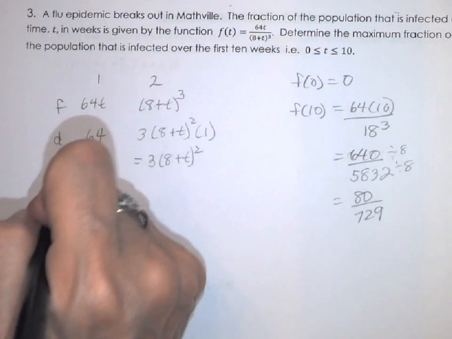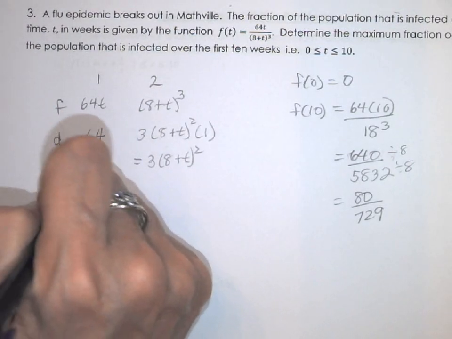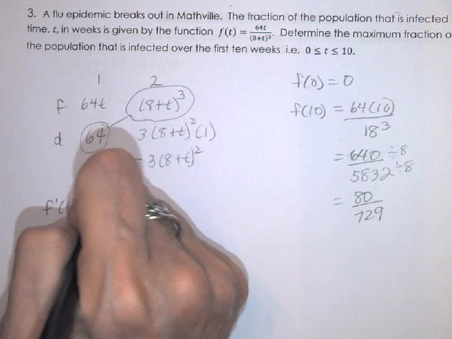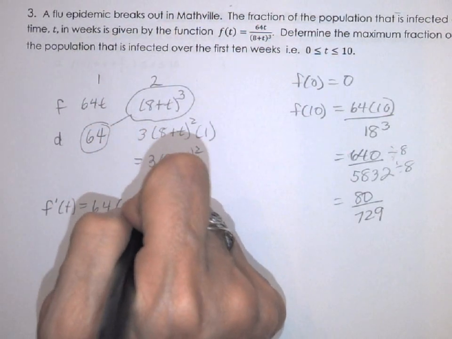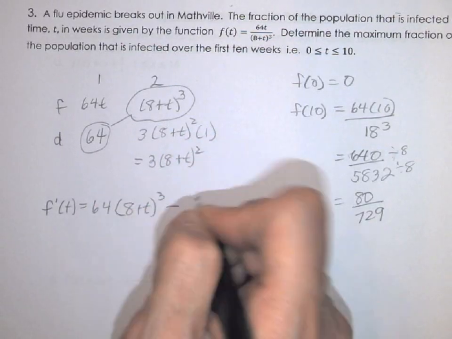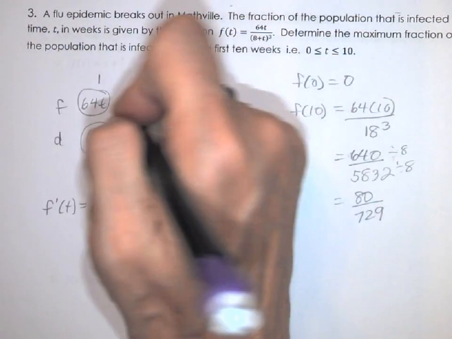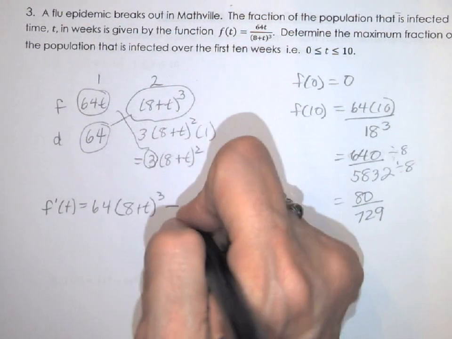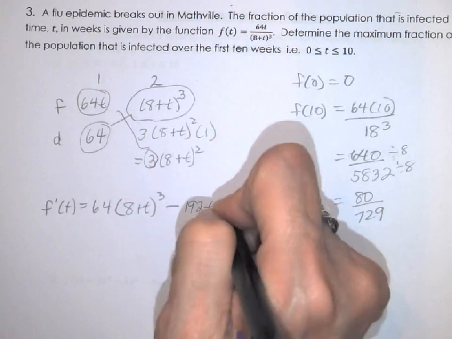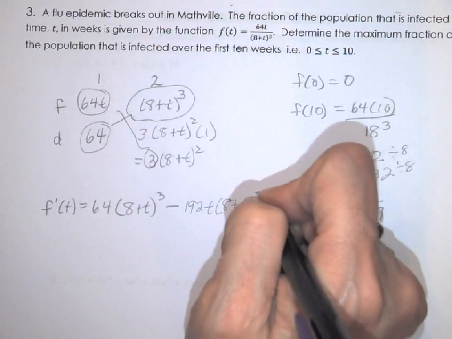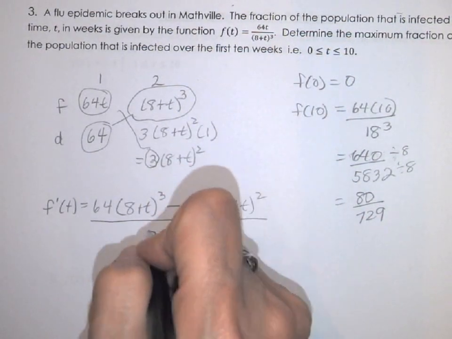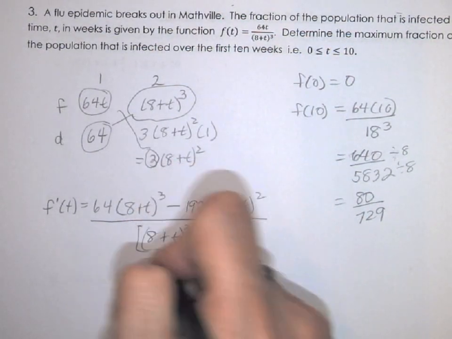Okay, so then f prime at t, quotient rule: derivative of the first times the second, minus, so I can multiply these monomials together, 64 times 3, 192 t, 8 plus t all squared, all over 8 plus t all cubed squared.